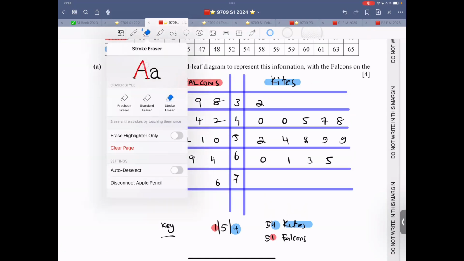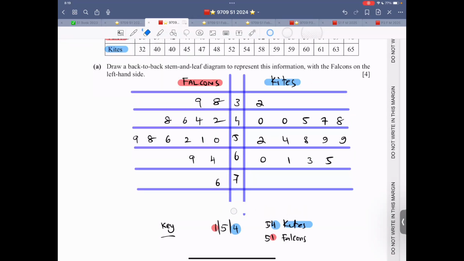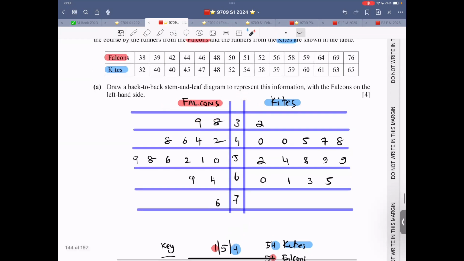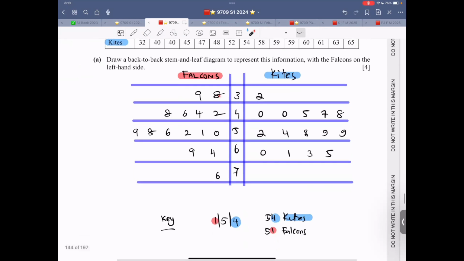Now, let me just do some clearer up work. Okay, so this is the stem, the one in the middle. This is the leaf, and this is the leaf. And the chances are they would be asking for median and quartiles, and usually from the left. There are 15 values: 1, 2, 3, 4, 5, 6, 7, 8, 9, 10, 11, 12, 13, 14, 15. So we know that 15 divided by 2 is 7.5, rounded up.